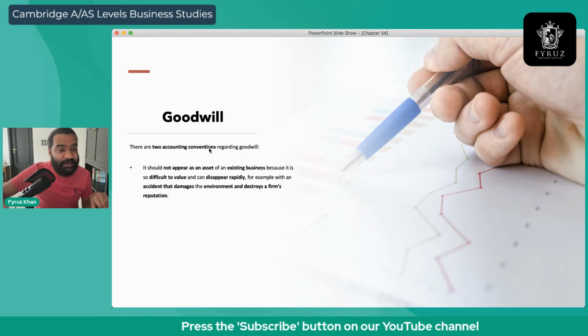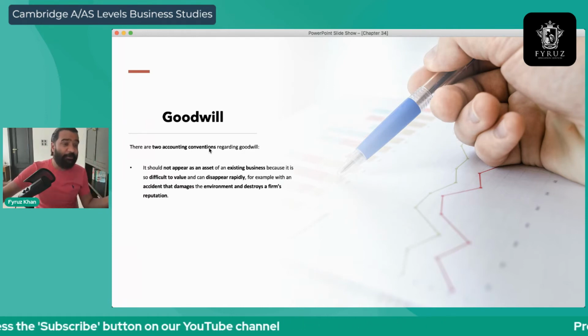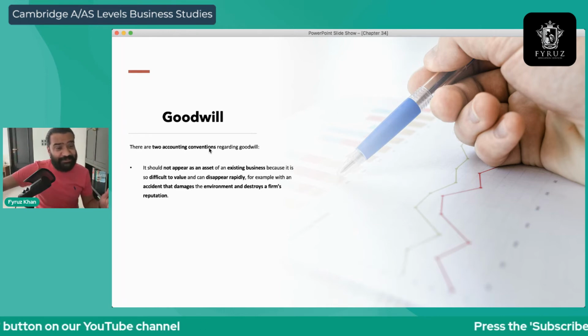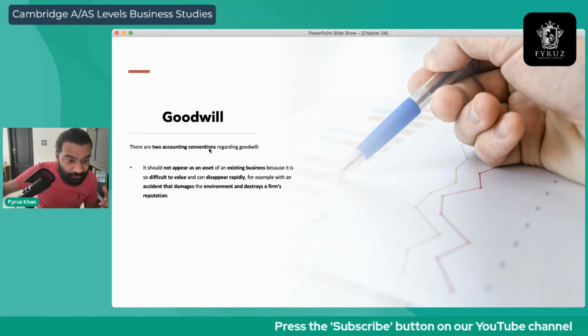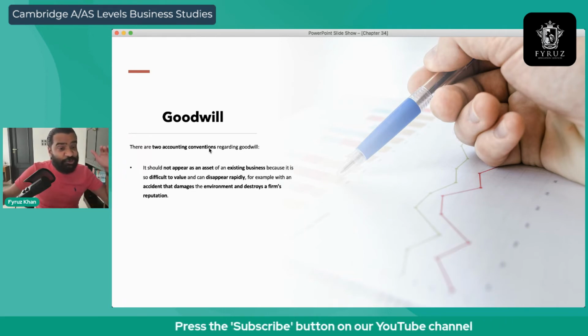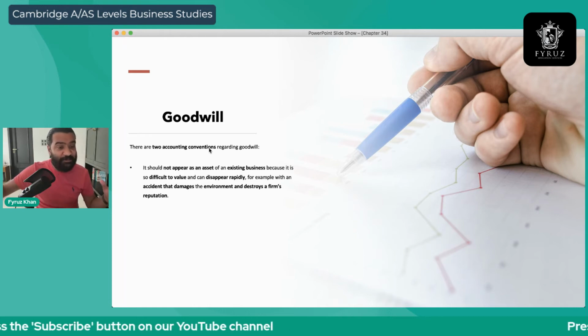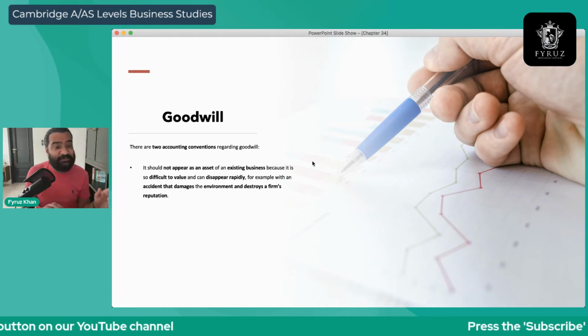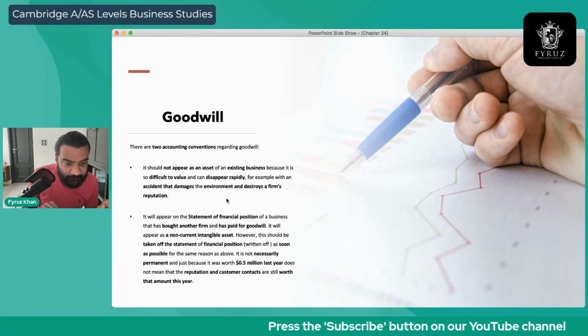So there are two accounting conventions regarding goodwill, and we've spoken about it. We are discussing it again and again so that you can understand and you don't forget. Okay. It should not appear as an asset in the existing business because it is difficult to value and it disappears rapidly. Okay. That's one convention.